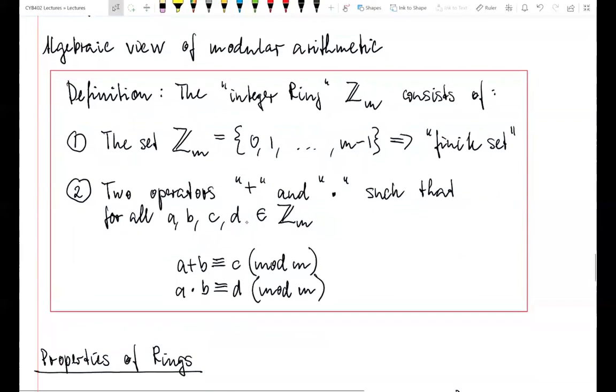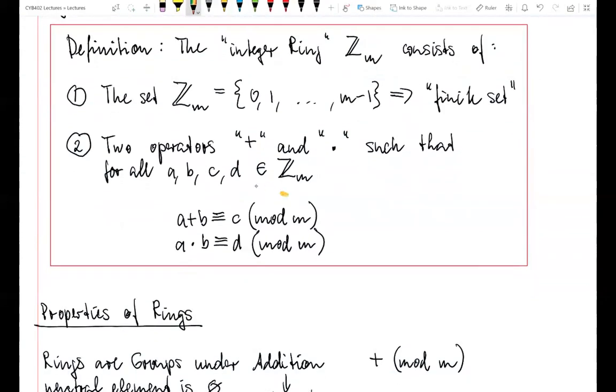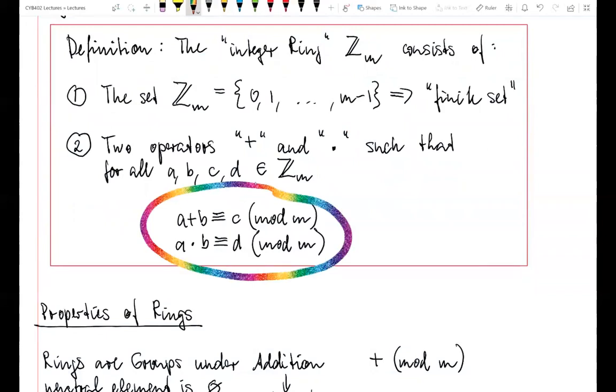So we have two operations, which are the plus operation and the times operation. And how are they defined? Well, it turns out they are defined exactly as our plus and times operations, except that we apply modulo m.